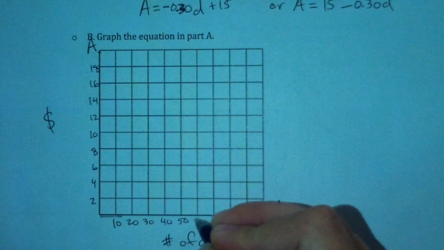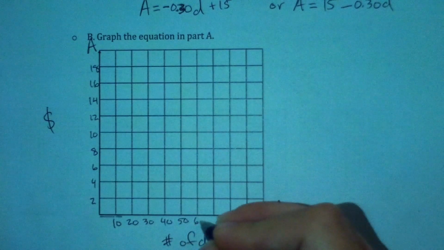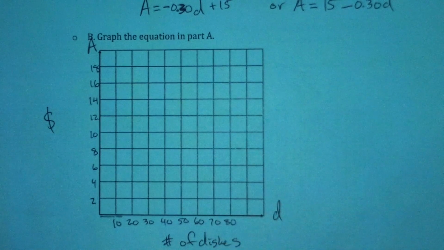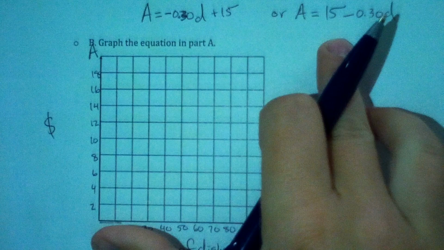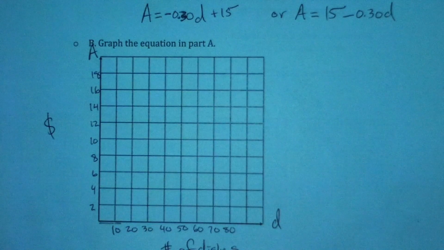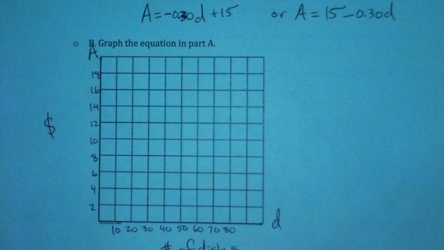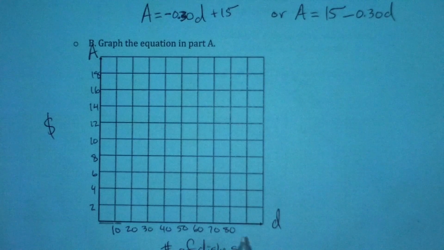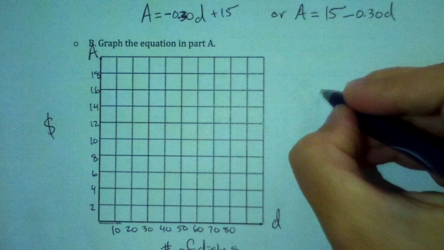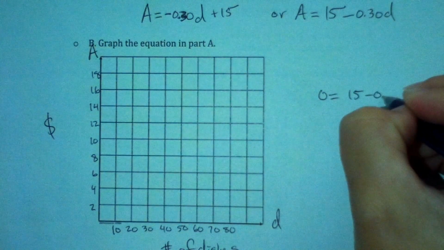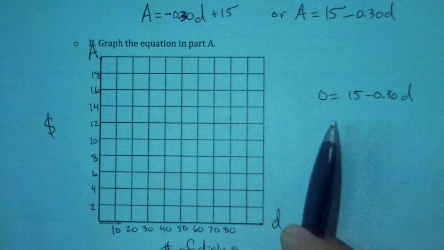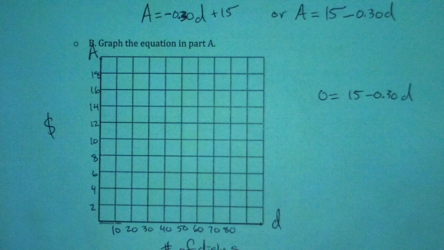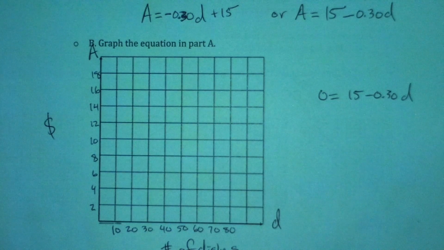I'm going to keep it simple here, and since this was counting by tens, I think I'm just going to do my multiples of tens for my points. So if I go to 10, that was 12. That was something on my table. Kind of follow me so far why I did that? Just pull it from the table. Then if I go up to 20, that would be 9. 30 is 6.